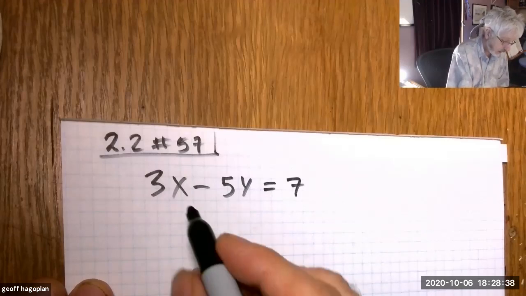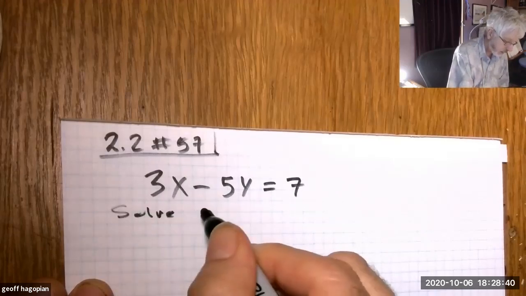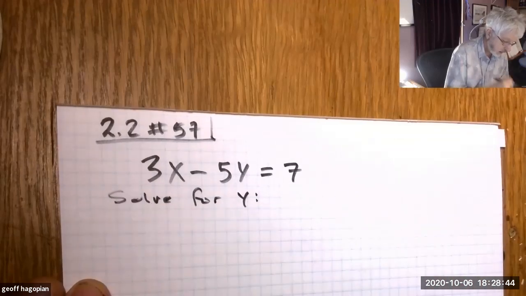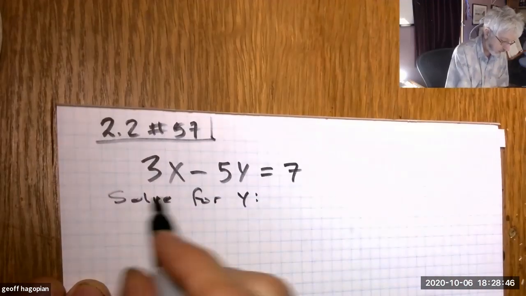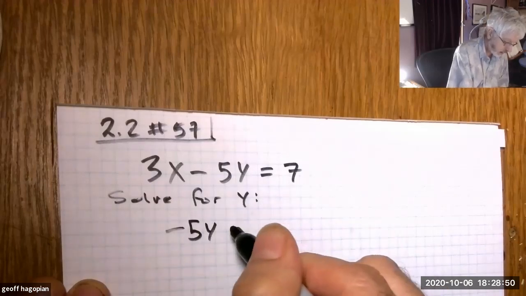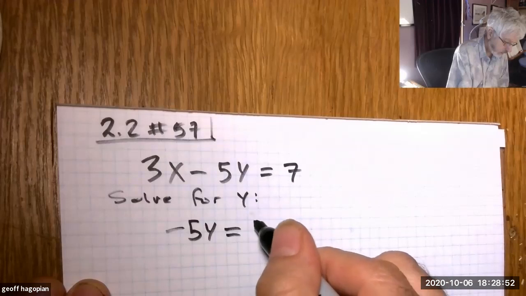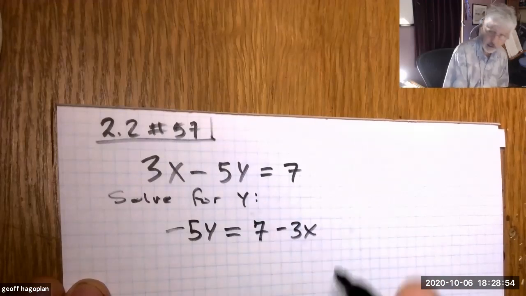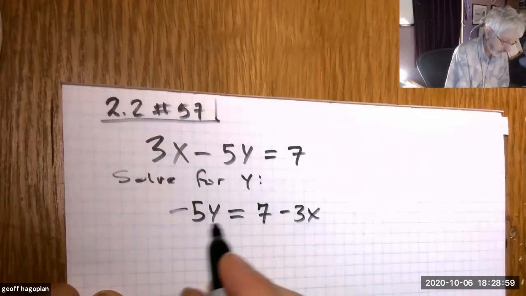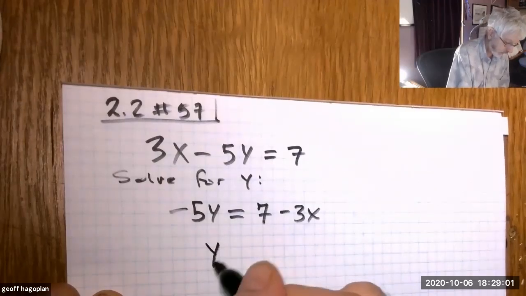So if we solve for y, what happens? Well, I guess we use the addition or subtraction property of equality, subtracting the same thing from both sides, and we want to isolate the term involving y, so we subtract 3x from both sides, right? And then we divide both sides by negative 5.